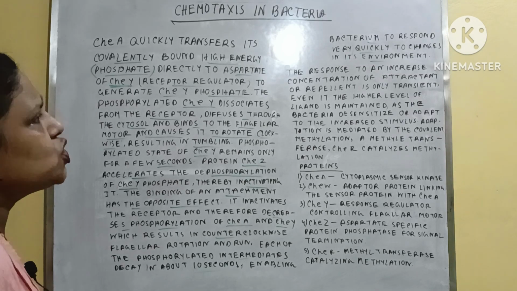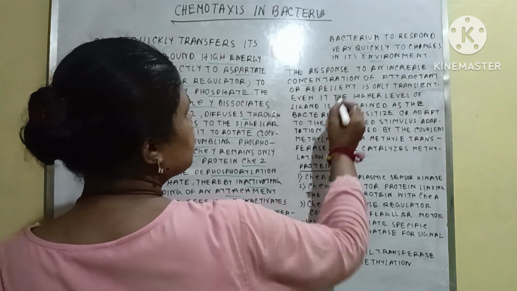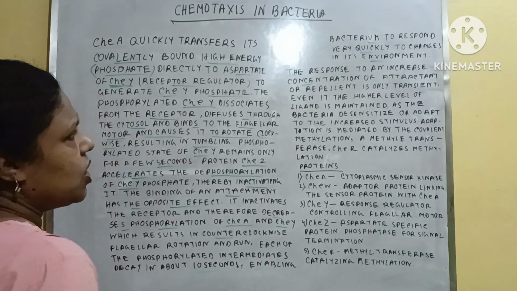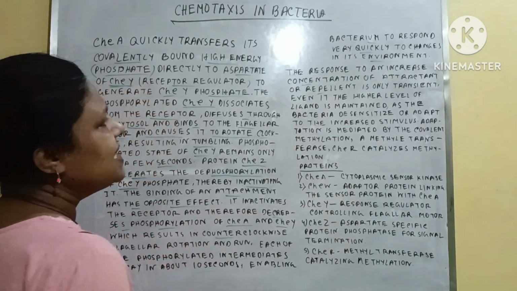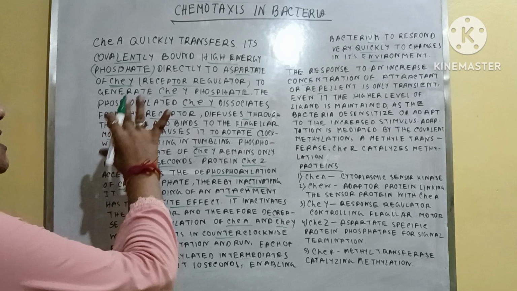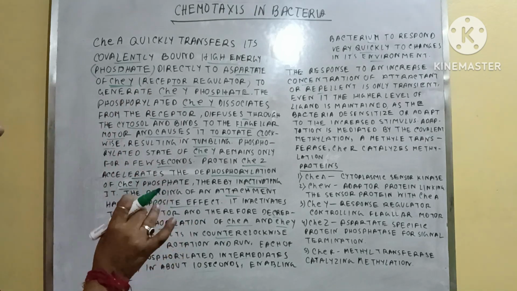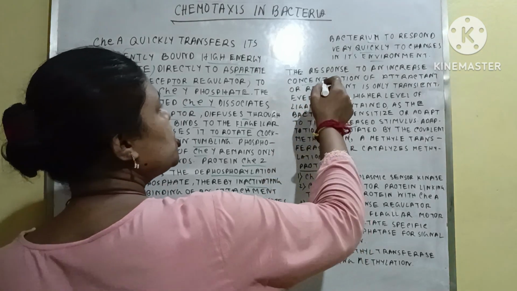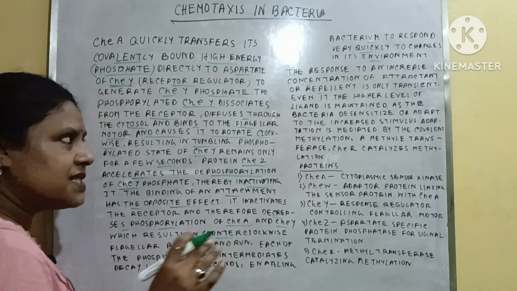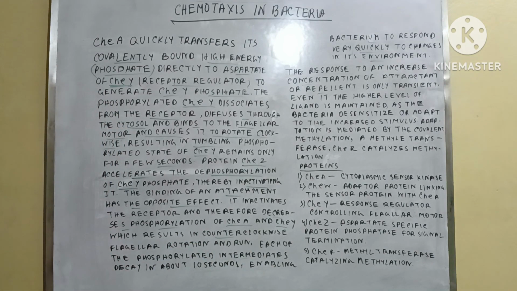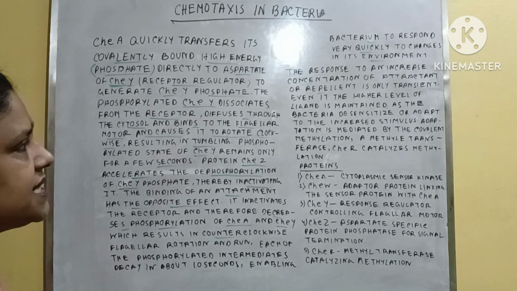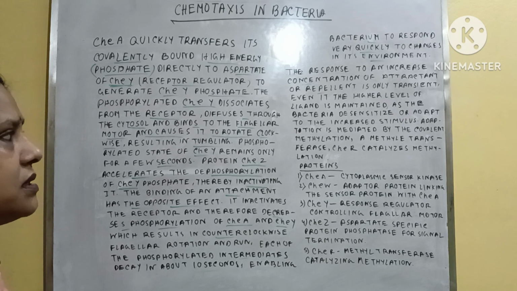The response to an increased concentration of attractant or repellent is only transient. That means even if a higher level of ligand is maintained, the bacteria desensitize or adapt to the increased stimulus. Clear?